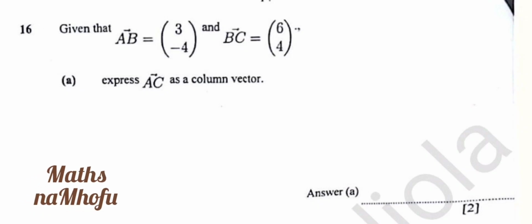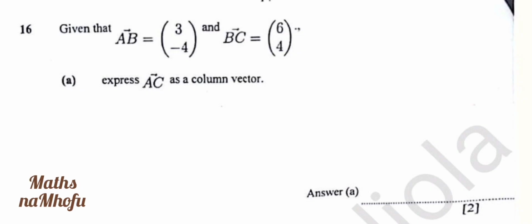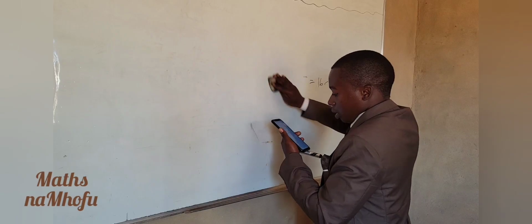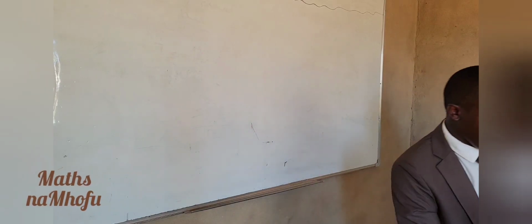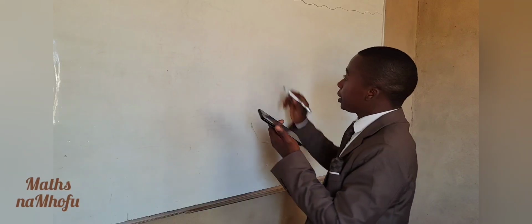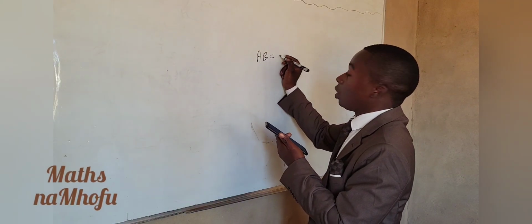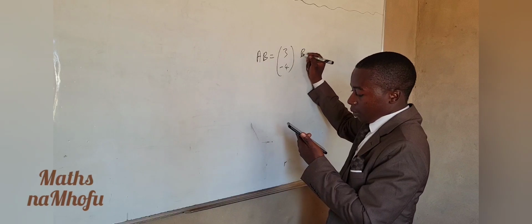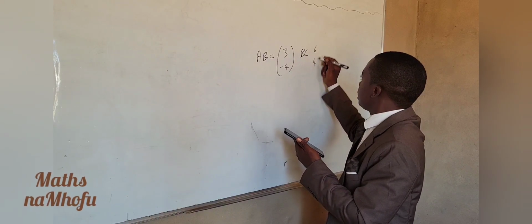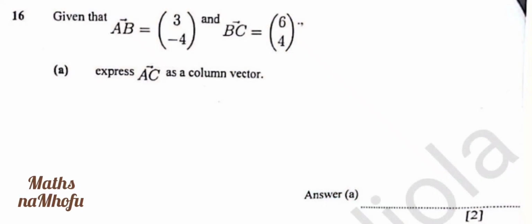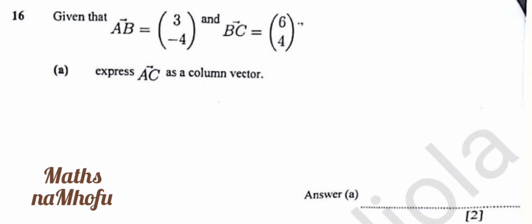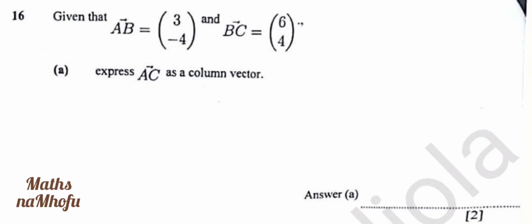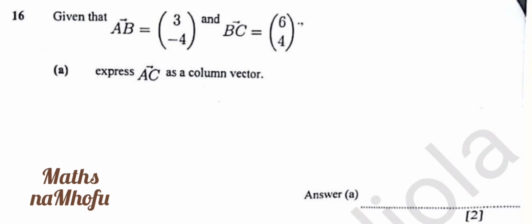Number 16. Given that AB equals 3 and negative 4, and BC is 6 and 4, like this. Express AC as a column vector.